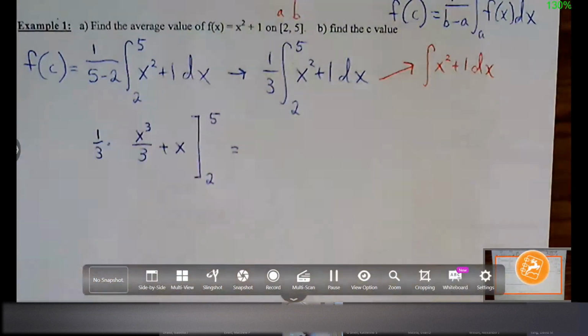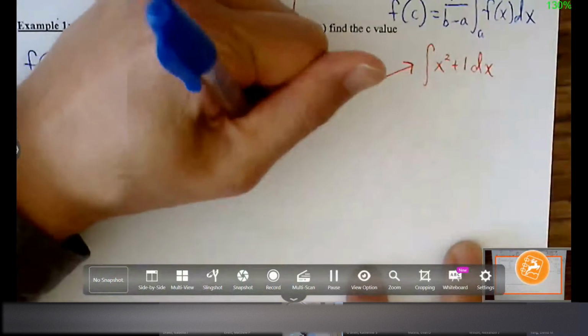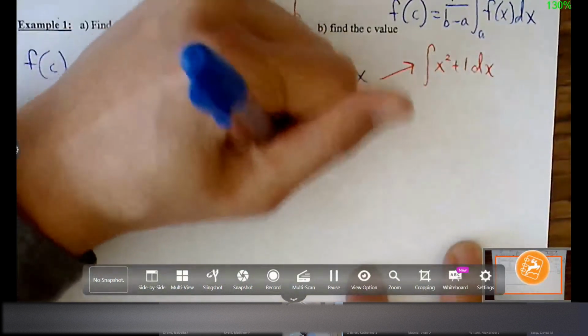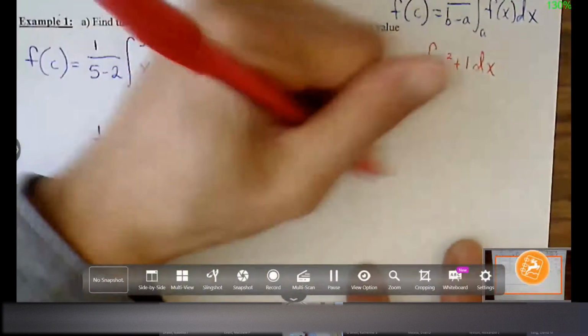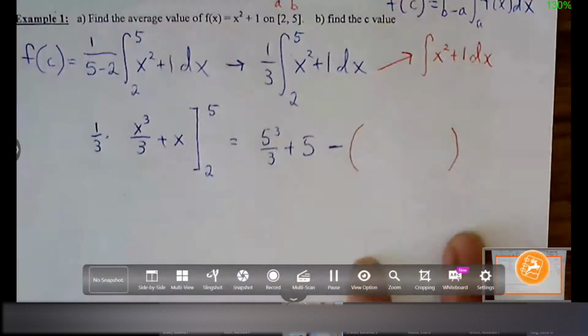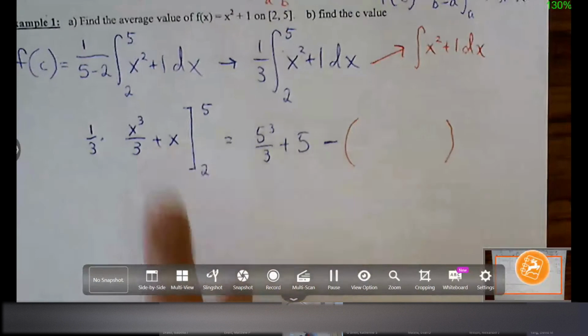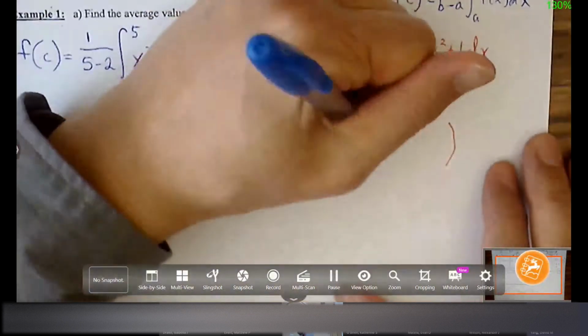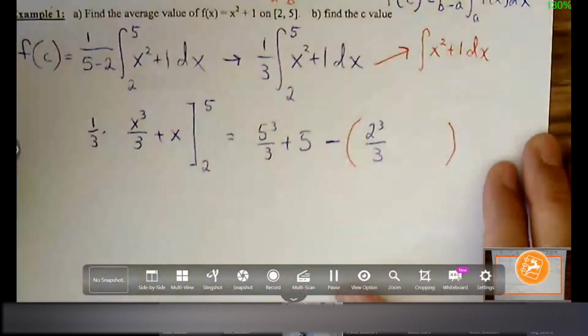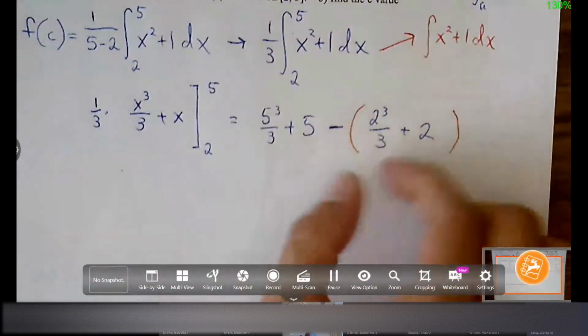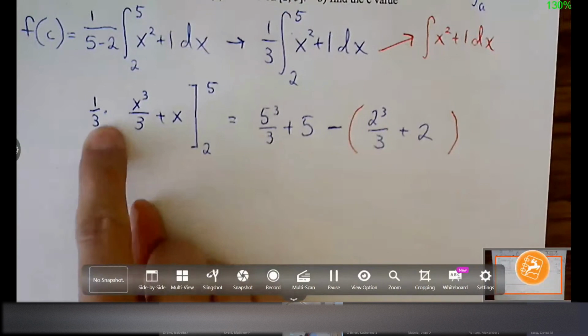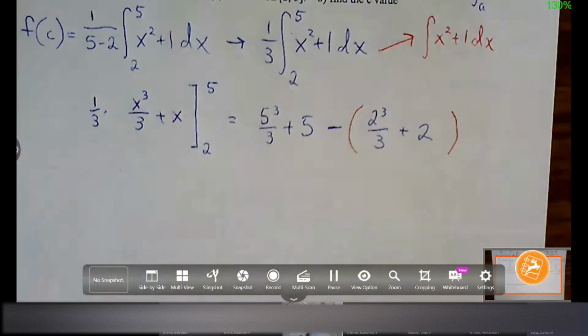Okay, so upper bound gets plugged in first. Minus, okay, remember, protect the second region with a set of parentheses. Now the 2. Okay, we'll clean all this up, and this will be the area. Involve the width at the end, and then we're going to result in a height value or average value.